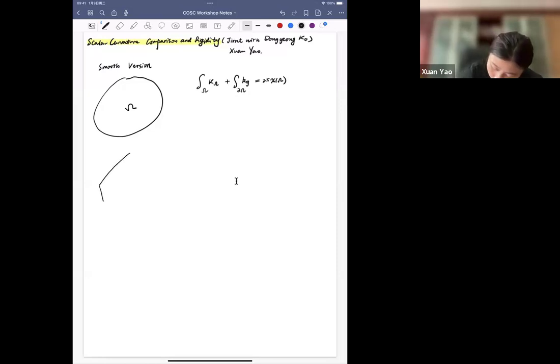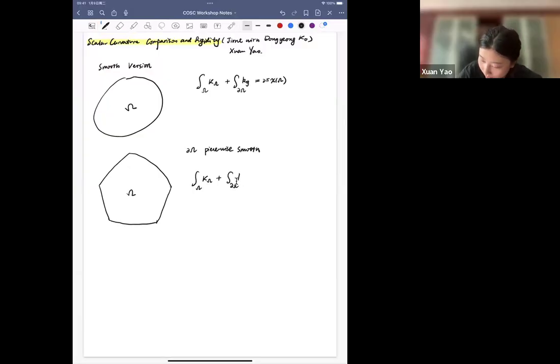It is written as the integral of the Gauss curvature, plus the geodesic curvature of the smooth parts of the boundary, plus the summation of pi minus alpha_i, equals 2 pi times the Euler characteristic of omega. Here alpha_i are the angles.